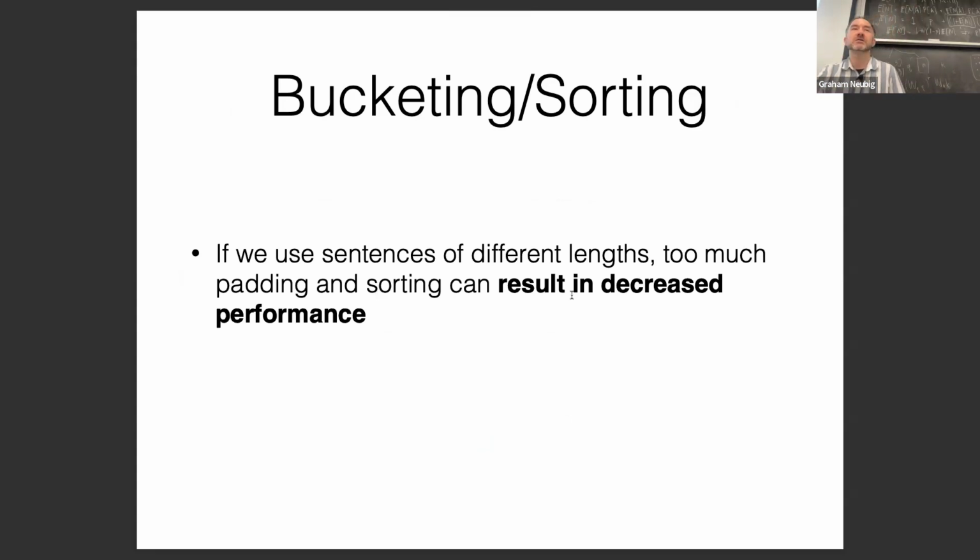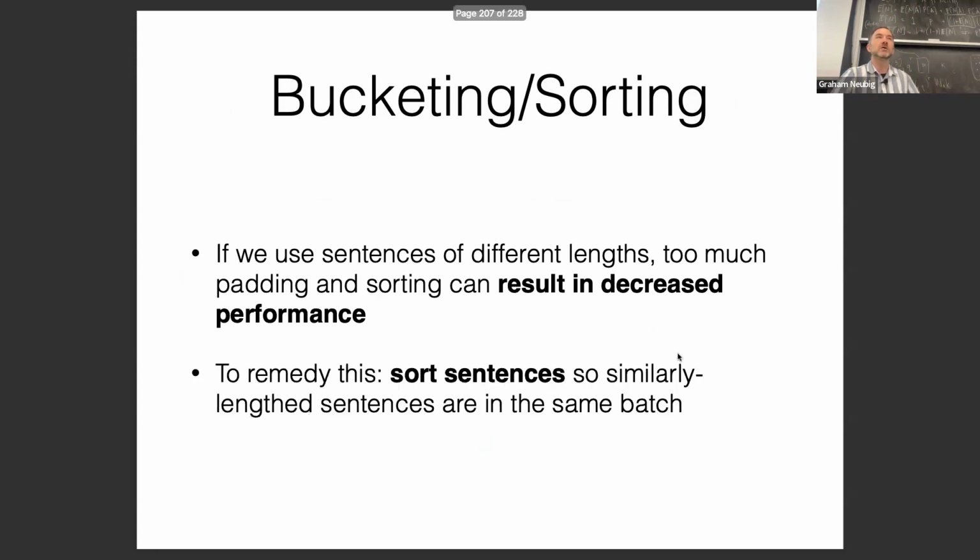One way you can manage this is, if you're using sequences of different lengths, too much padding can result in decreased performance. So one remedy for this is sorting sentences and making sure that you use sentences of similar lengths in one batch. Another option, which is mainly used in pre-training, maybe used a little bit less when you're doing instruction tuning, is to just ignore document boundaries and concatenate things together.